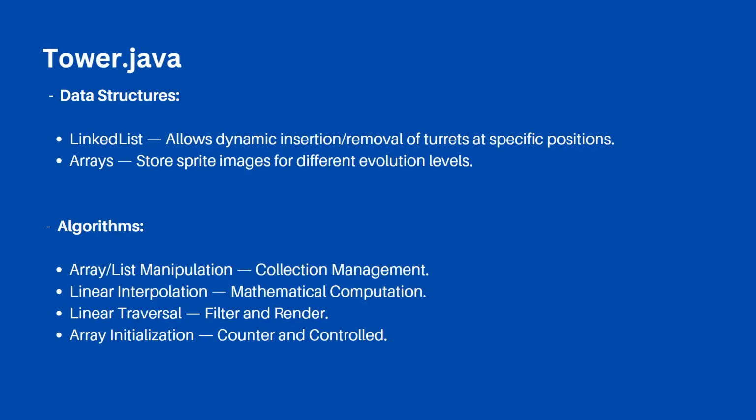the tower class extends Destructible and represents the defensive structure in a tower defense game. The primary data structure is a component list to dynamically manage turrets without defining array size, and the operation is a concept of array list.